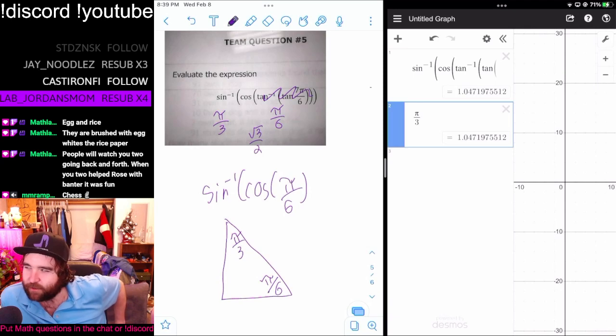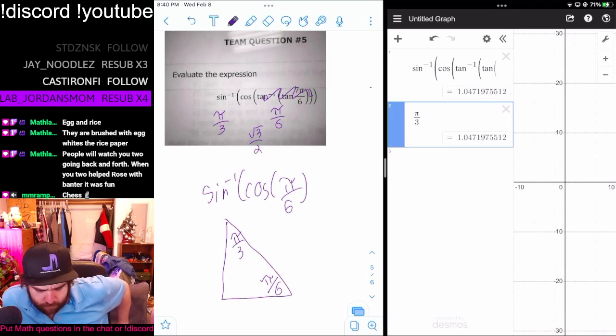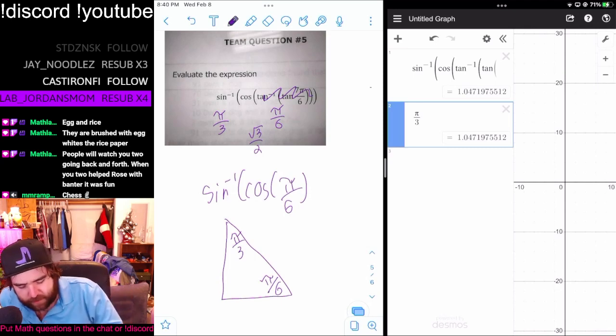You could use the 90 minus thing, I guess. Or no, I don't know, I'm having a hard time seeing how that would work. The arcsine of the cosine, right? So the cosine is adjacent over hypotenuse. You would say this is 1, and this side right here is the cosine of pi over 6.